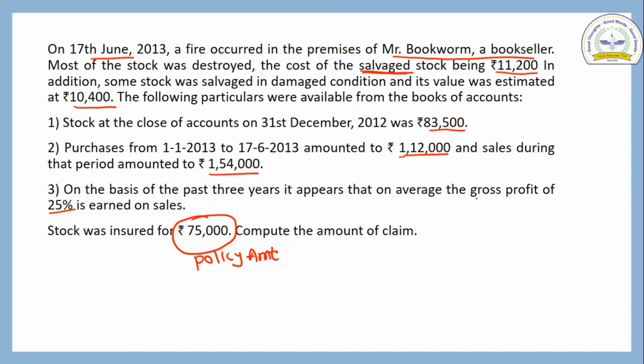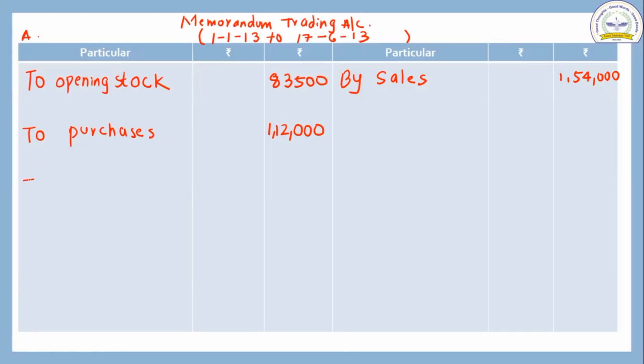As I told you earlier also, students, in the memorandum trading account the gross profit will be given in the question. Gross profit we will calculate on the basis of sales, and how much? 25% of sales. So sales is given how much, students? 1,54,000 rupees.